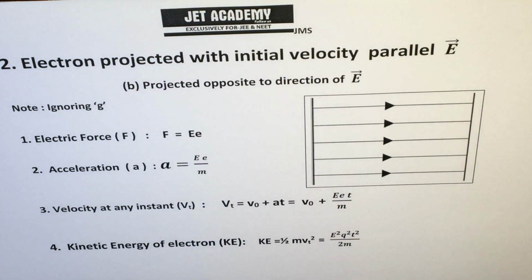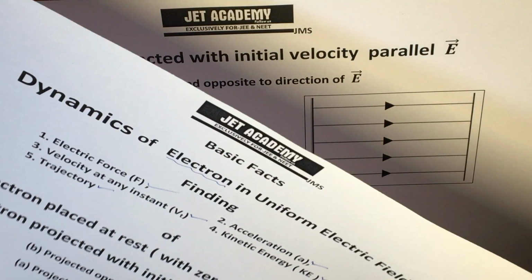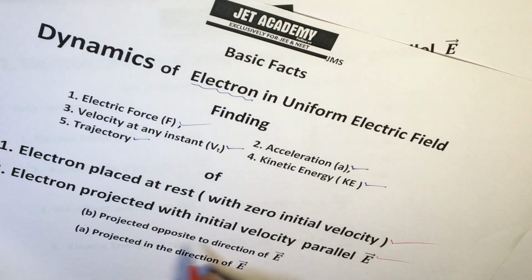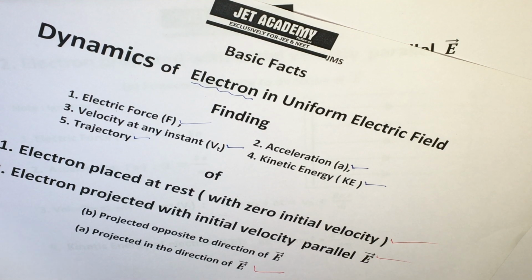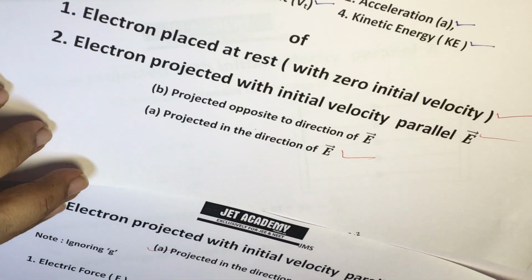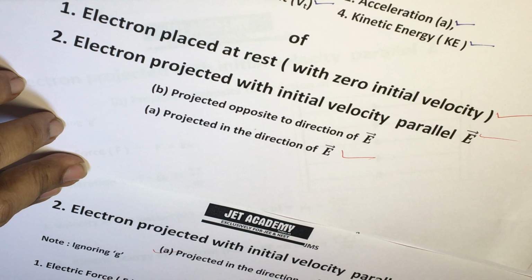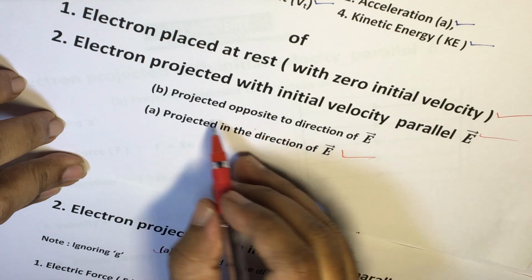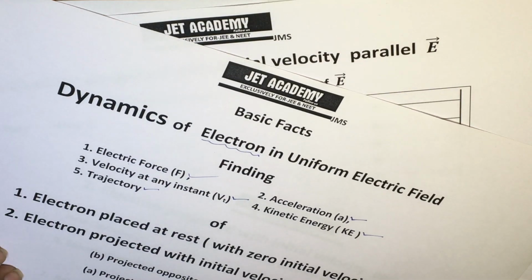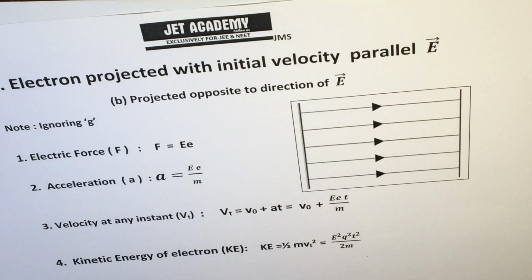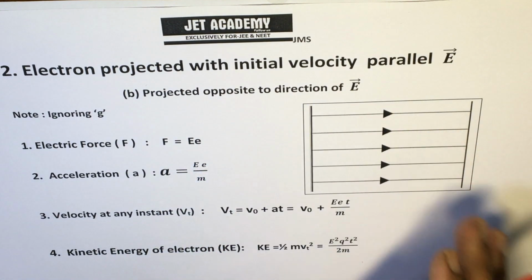And the same thing, projected in the opposite direction, this is the second case. Now this one is over: the electron projected with initial velocity in the direction of the electric field. We derived A, projected in the direction of E, and now B, projected opposite to the direction of E. We will project it opposite to the direction of the electric field.